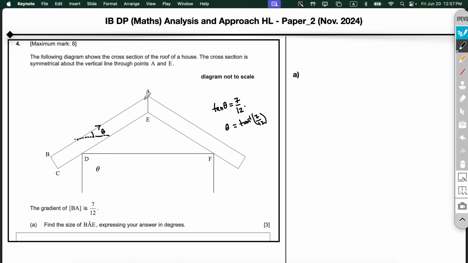Now it asks to find out BAE. If you just extend this straight line and draw another straight line that goes down like this, we can see that the sum of theta and BAE is 90 degrees.